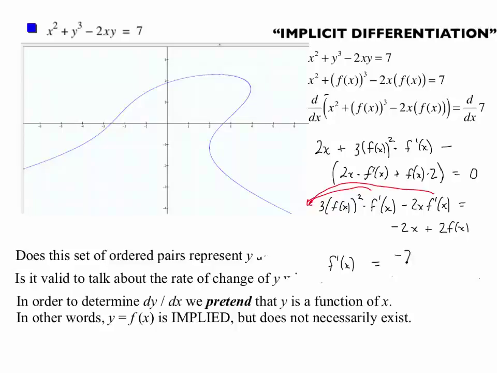So I'll have minus 2x plus 2 f of x, and that will all be over what I got after I factored out f prime: 3 f of x squared minus 2x. Did you catch it? Factoring out f prime leaves me with this minus this. And I'm going to divide by that.